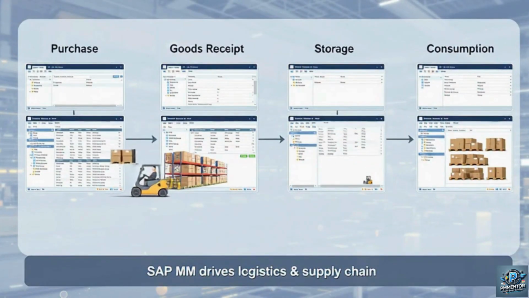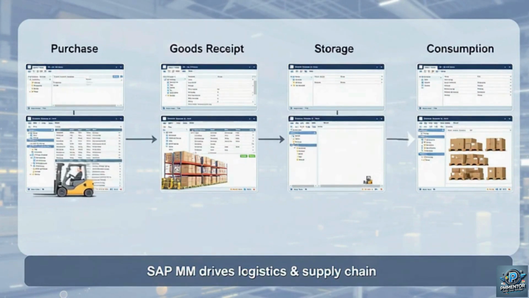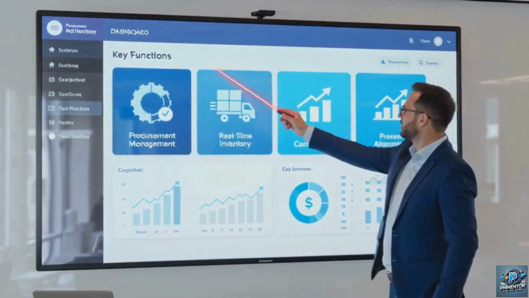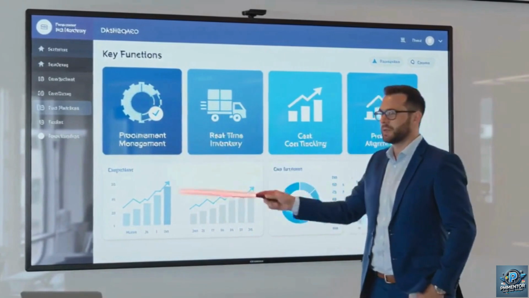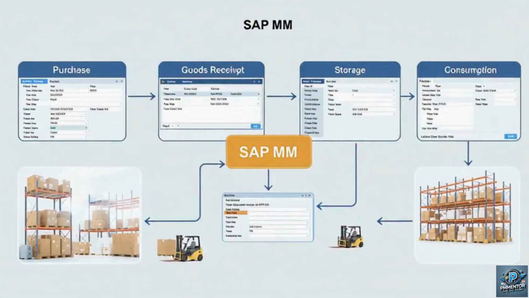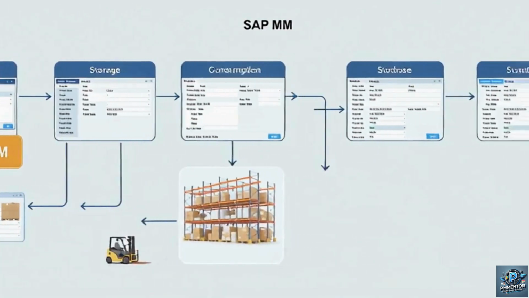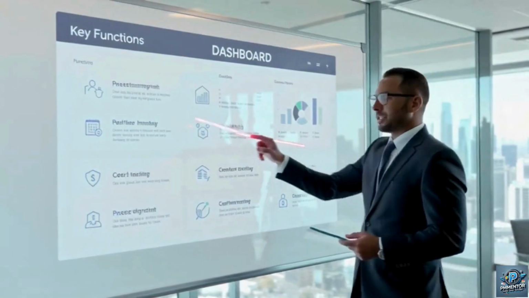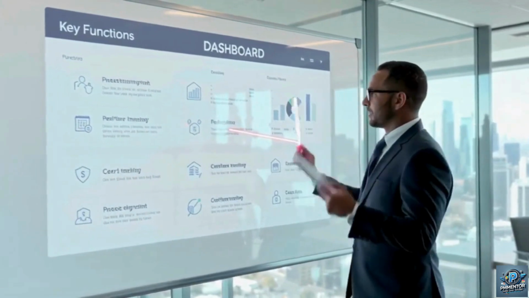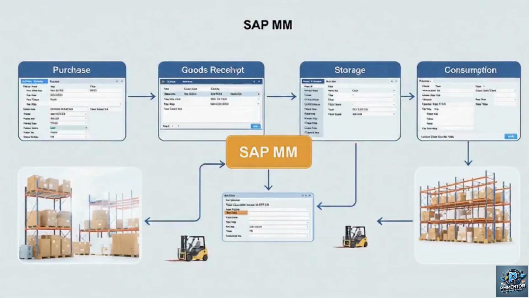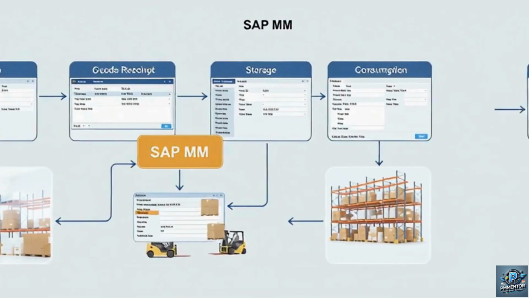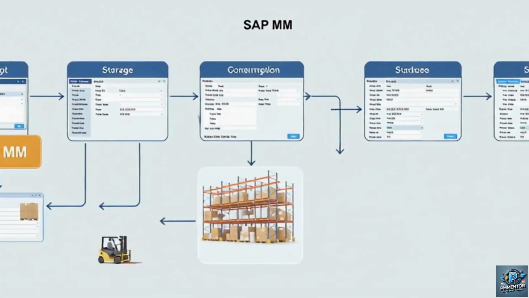SAP MM sits at the core of logistics and supply chain management. Every time a material is purchased, received, stored, or consumed, SAP MM is involved. It ensures materials are procured correctly, inventory is tracked in real time, costs are captured accurately, and business processes are aligned. Without SAP MM, other modules cannot function effectively.